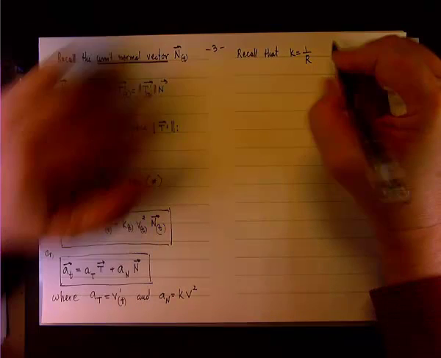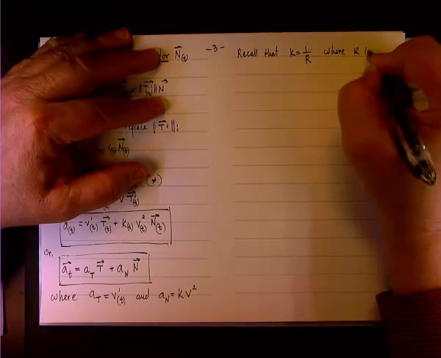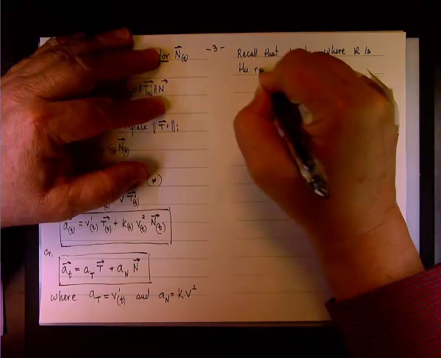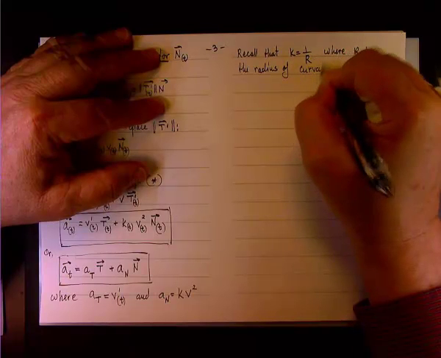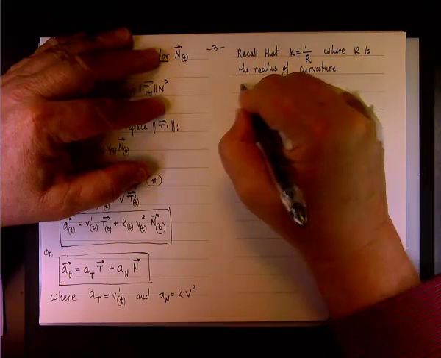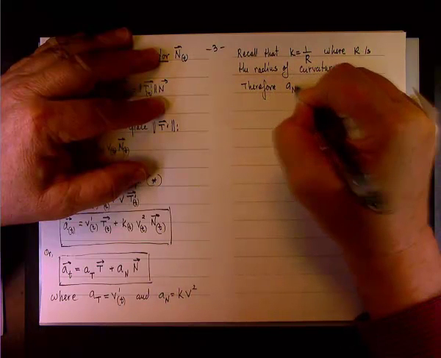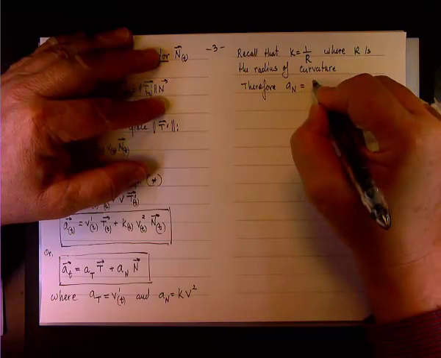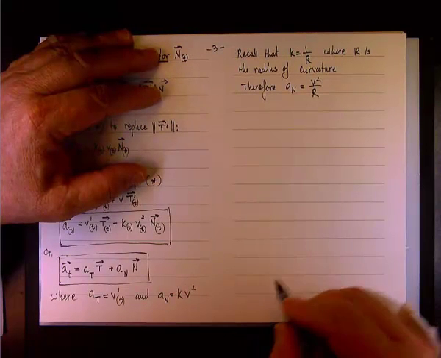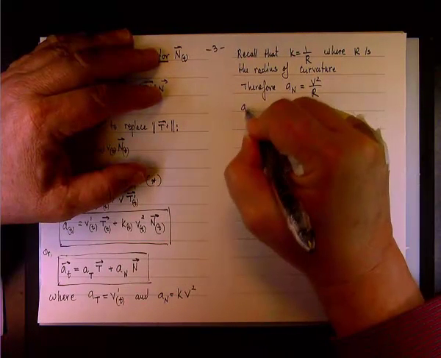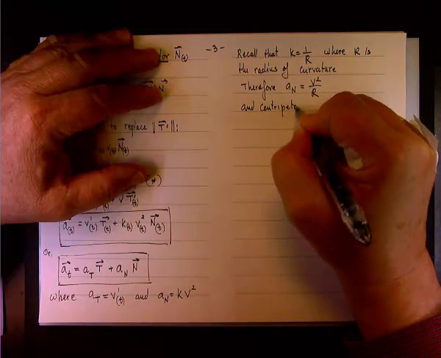And this is what they jump into physics, and this is a remarkable result, and I'll tell you in a second why. Where the tangential component a of t equals v prime, and the normal component equals what? Equals k v squared. Now, what's so remarkable about k v squared?